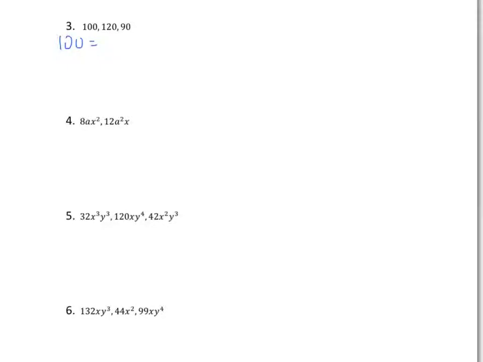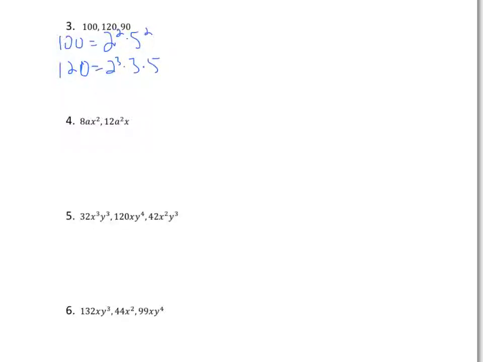So you have 10 squared, which is 2 times 5, so we'll have 2 squared times 5 squared. 120 is going to be 10 times 12, which should be 2 cubed times 3 times 5.